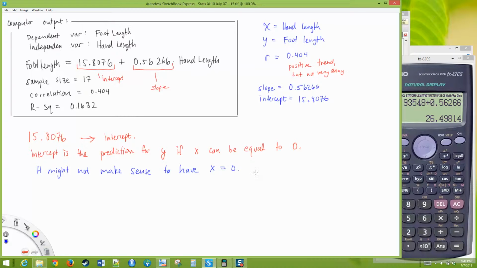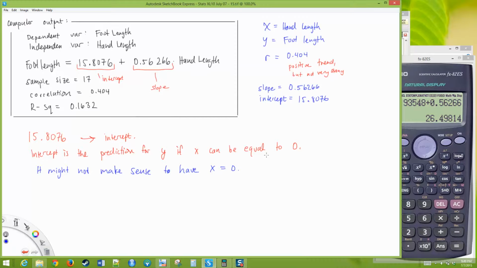So in our case, what would it mean to have x equal to 0? Person has no hands. Yeah, it means the length of the person's hand is 0 centimeters, okay? So either it means they have no hand or something. It doesn't quite make sense. Now, there are people who are born without hands, but we would not then use that fact to predict how long their feet are, okay?